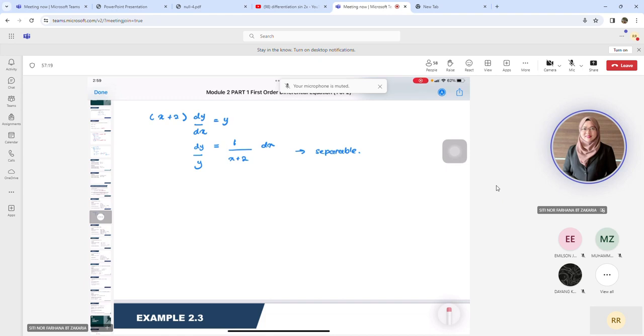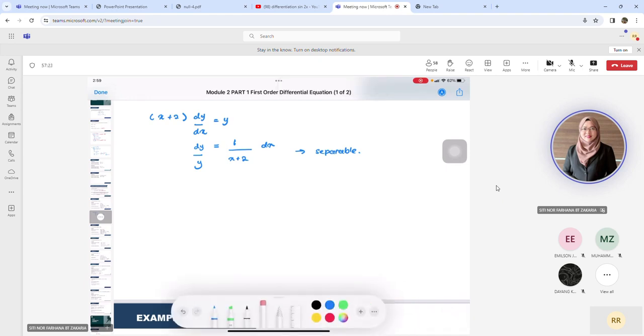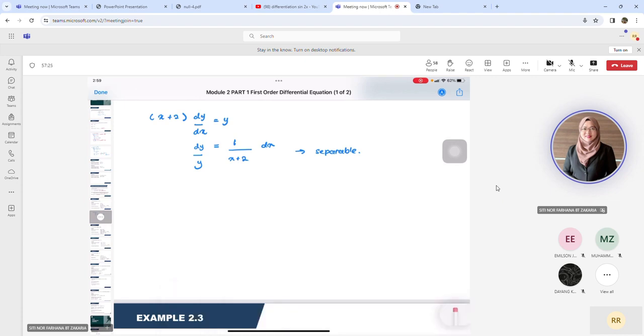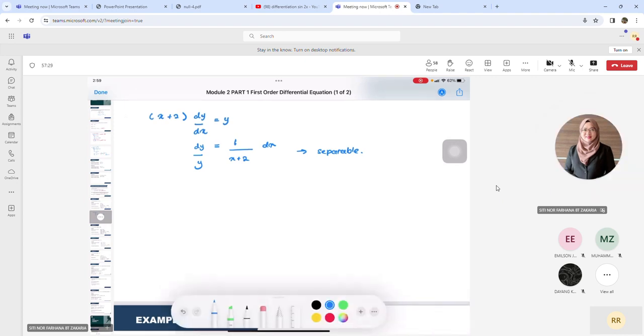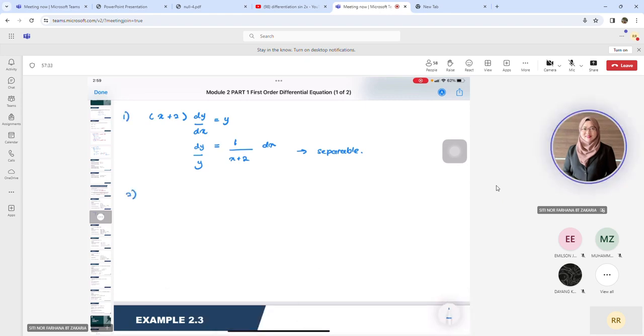So this is the first step in separable method. Second step, you need to integrate both sides. So integrate 1 over y dy equals to integrate 1 over x plus 2 dx.